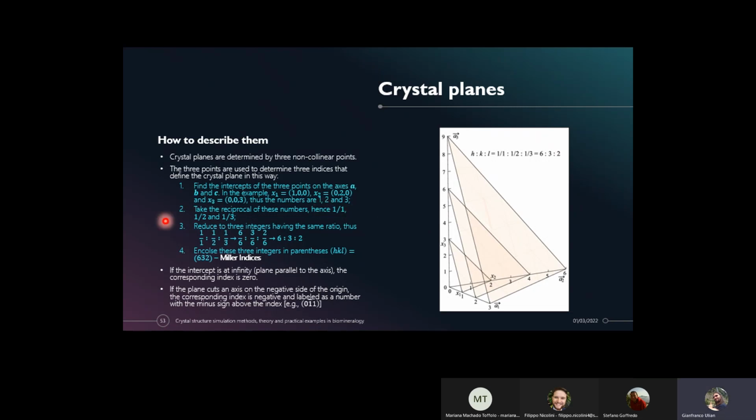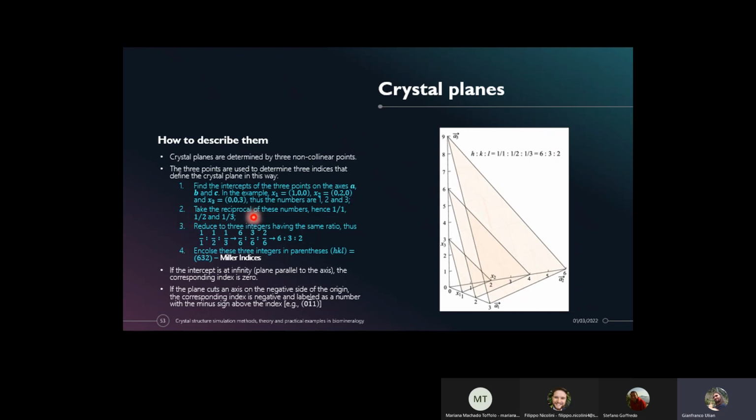Here you have the way to determine the indices of these planes. They are called the Miller indices. So you find for each crystal plane of your interest the intercepts on the crystallographic axes A, B, and C. In this example, you have the points x1 = 1, 0, 0, x2 = 0, 2, 0, and x3 = 0, 0, 3. Okay, these are the intercepts.